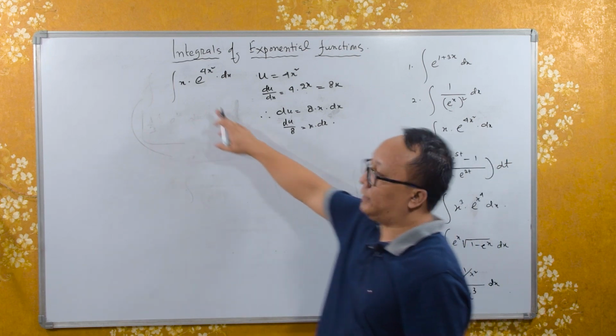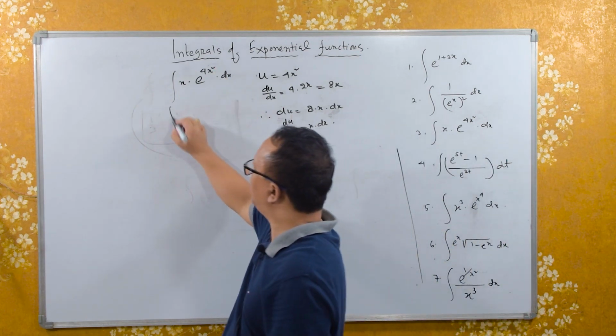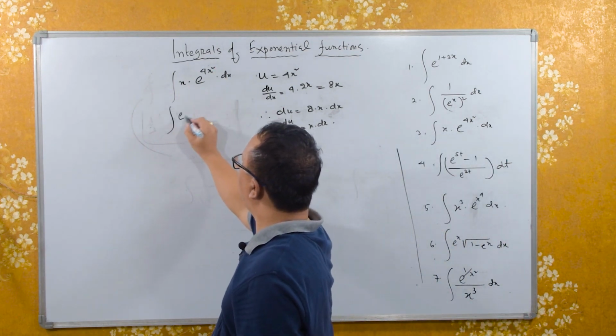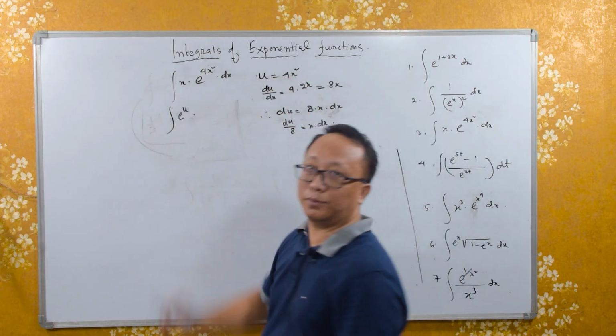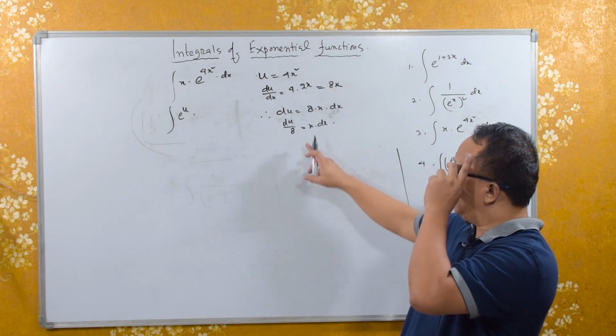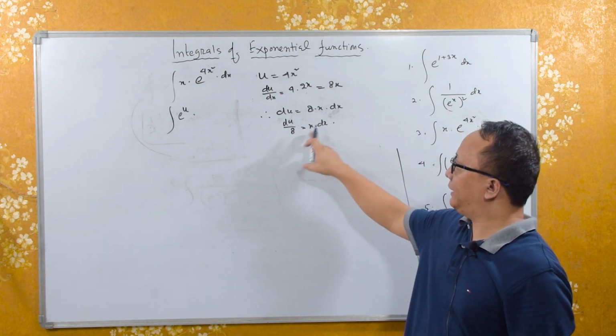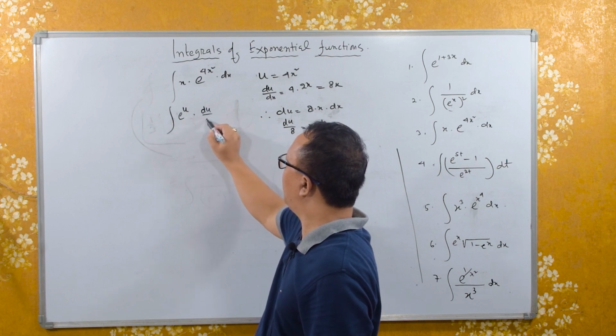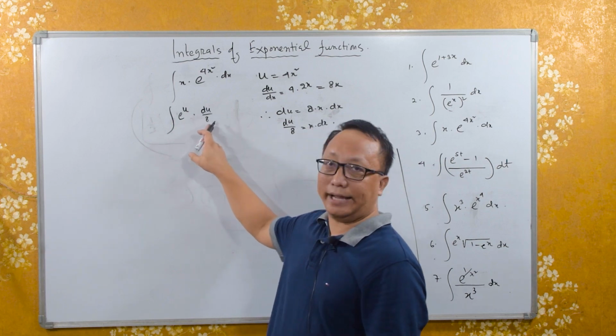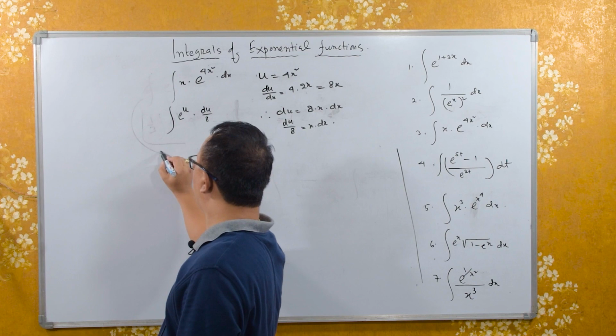Therefore it becomes the integral of e raised to u into du upon 8. This 8 I can send outside because it's a constant.